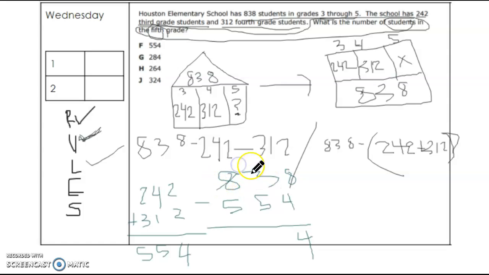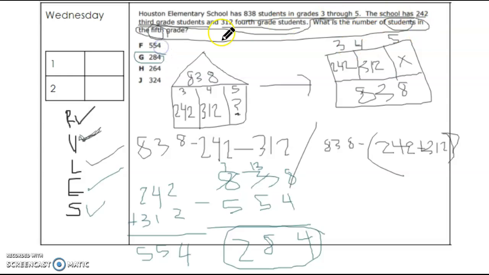I'm going to have to take 100 away, which is going to leave me with 700s, and I'm going to add that to the tens place. 100 is the same as 10 tens. So 10 tens plus the 3 that were already there would be 13 tens. That's the place value we're in. 13 minus 5 is 8. 7 minus 5 is 2. So we would have 284 fifth graders. So the answer would be G.